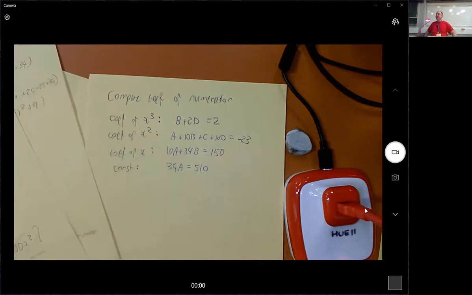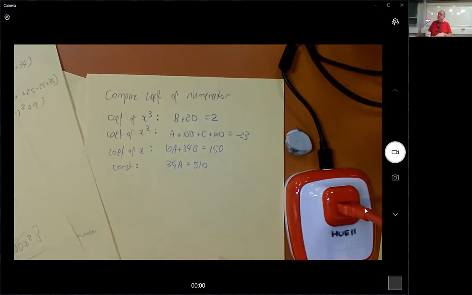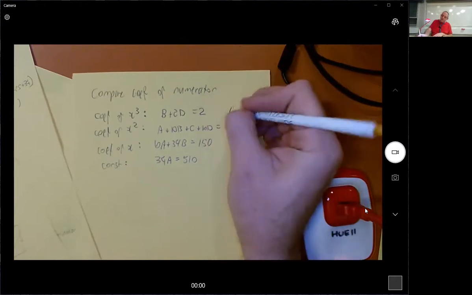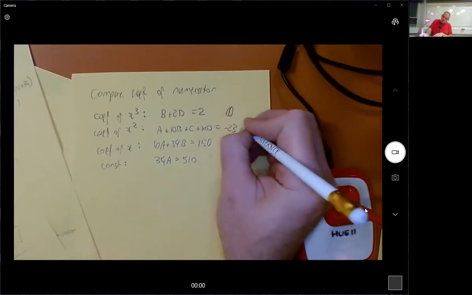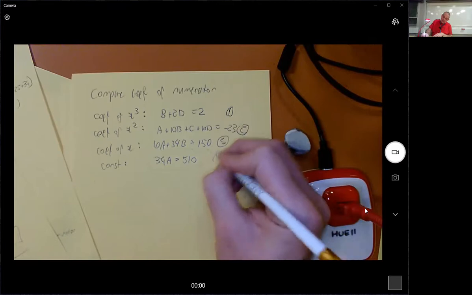Right. So I now have 4 equations and 4 unknowns. If I had a computer handy to help me do the row operations, I could put in a great big matrix and row reduce, and that would give me the answer. Or I could try and sub things in along the way, because this will tell me what a is. I'm going to number my equations, 1, 2, 3, 4.